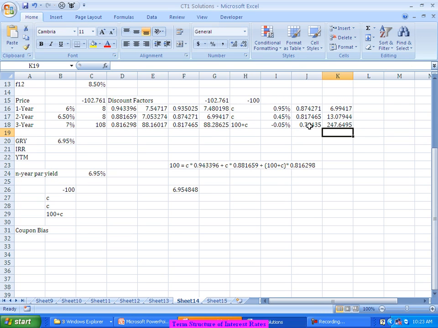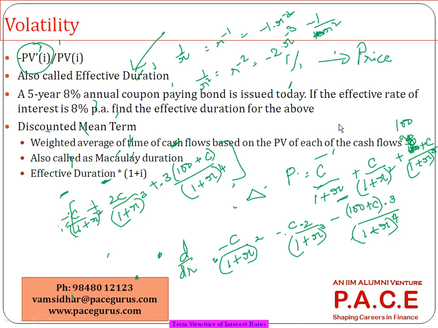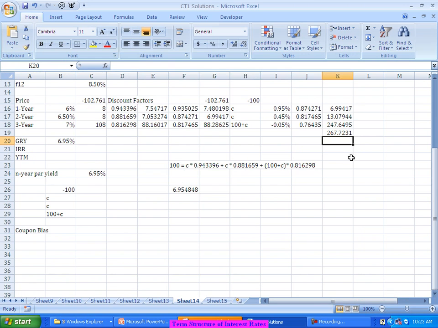The PV dash is actually working out to the summation of all these things. The PV dash is coming out to 267, and what we are saying is, for the change, we are talking of minus PV dash by PV.